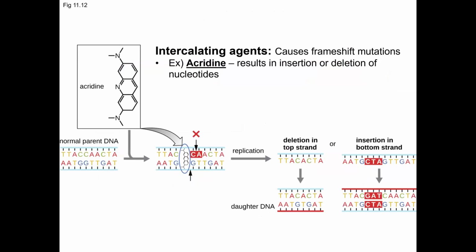Now, something even worse is intercalating agents. These guys cause frame shift mutations. So intercalating agents are actually fairly common. They are wonderful stains of DNA. They're fluorescent stains.